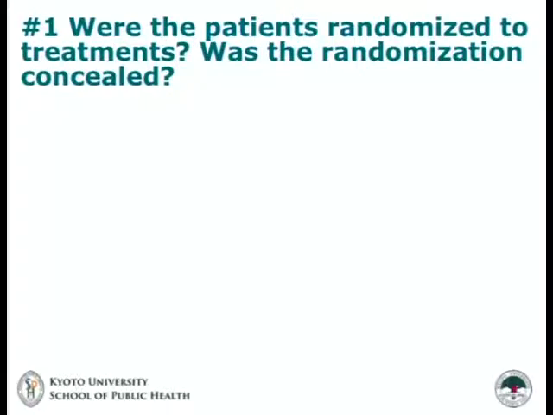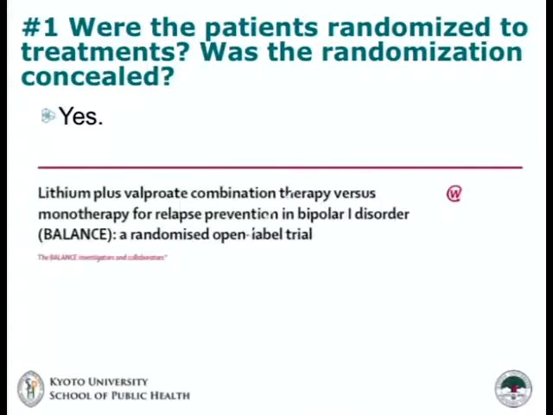Our answer is yes. Because randomization is so crucial to assuring ceteris paribus and is such a big virtue for a study, it is usually indicated in the title of the study itself.